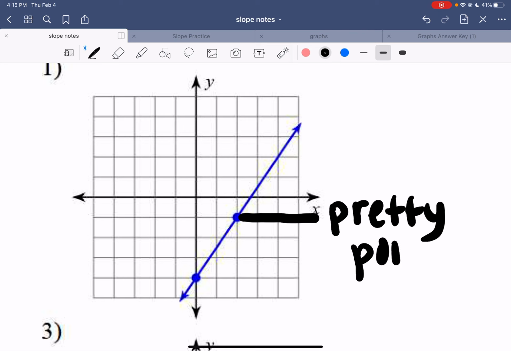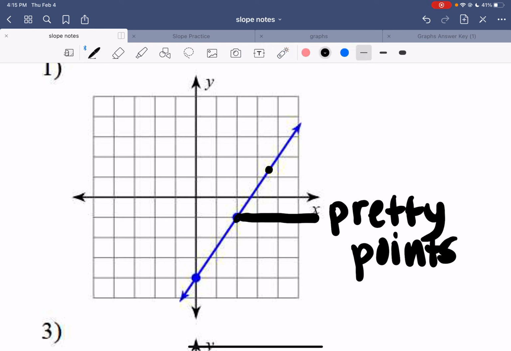If I just were to draw a dot right here, you see how this dot wouldn't be easy to give me a coordinate pair.